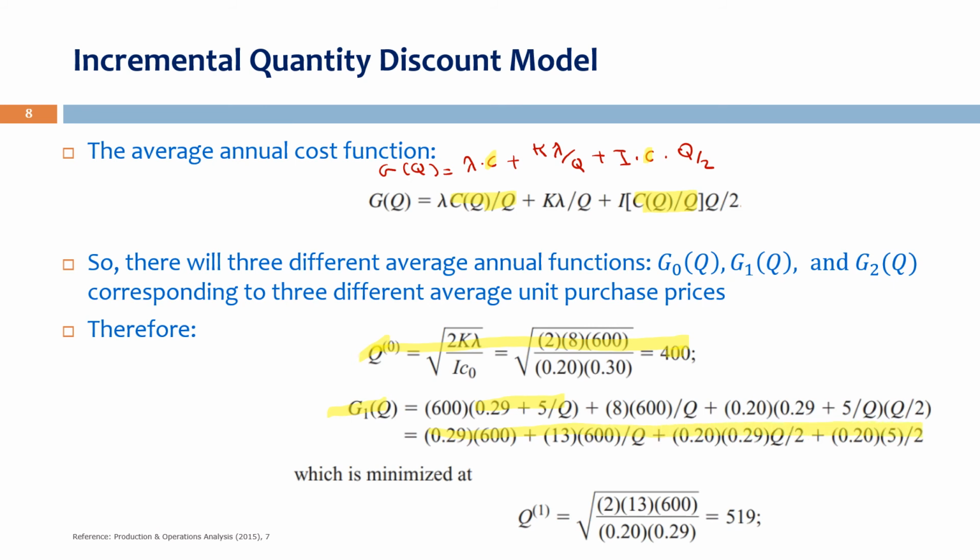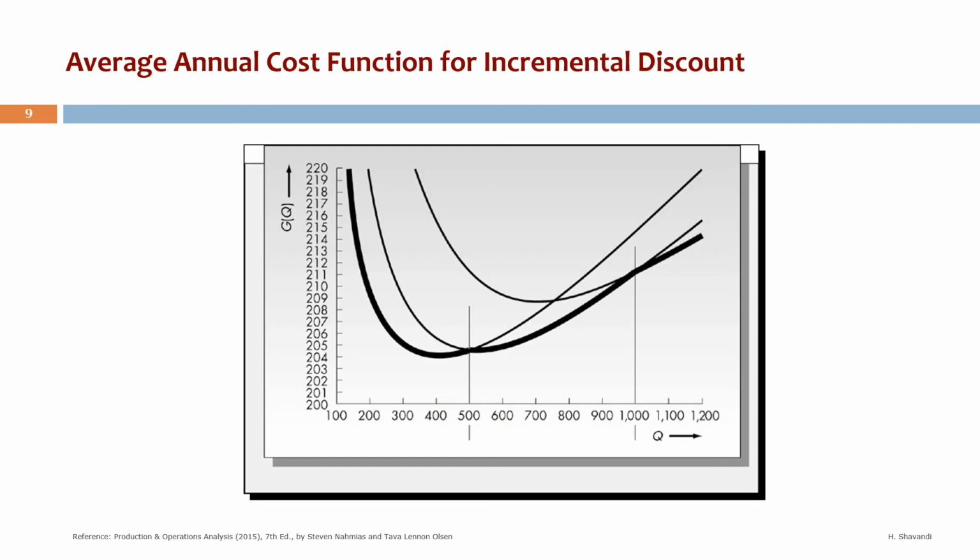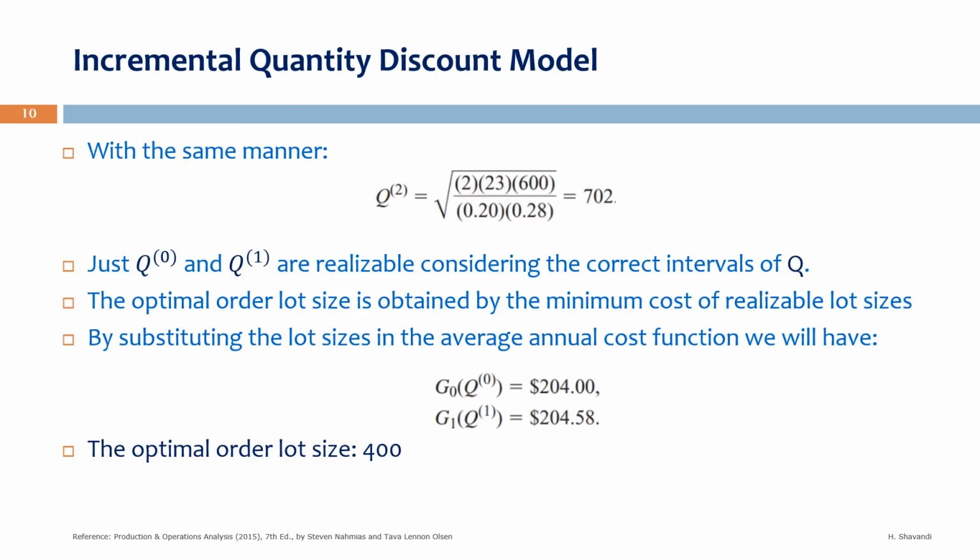Now if you take the first derivative of this function with respect to Q, set it to 0, and solve for Q, you obtain this quantity, 519. We do the same for the third interval, Q2, and the value becomes 702. As you see here, for the third interval, Q should be over 1,000, but it's not, so it's infeasible. So just Q0 and Q1 are feasible here, so we have two feasible solutions.